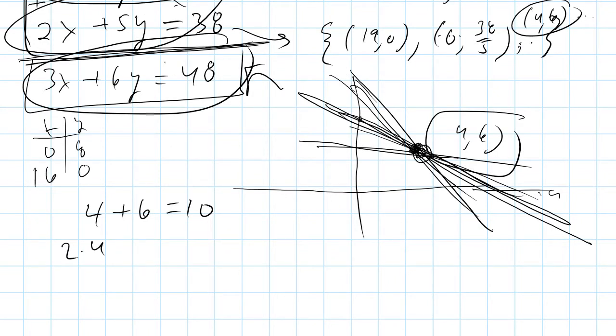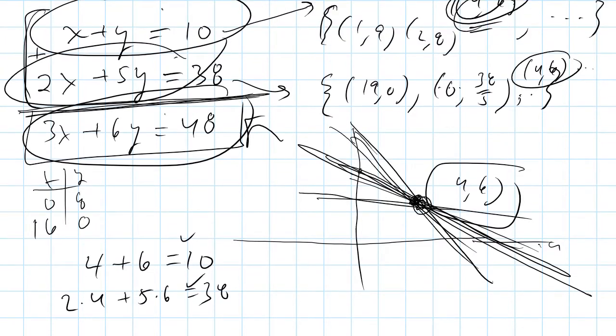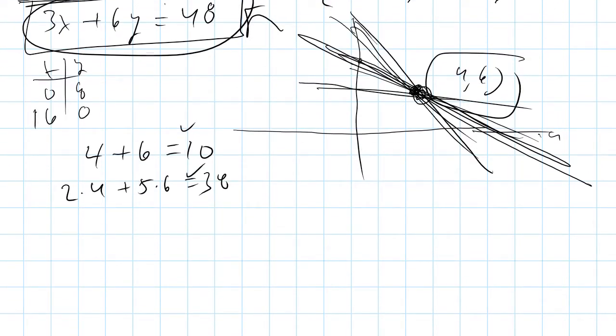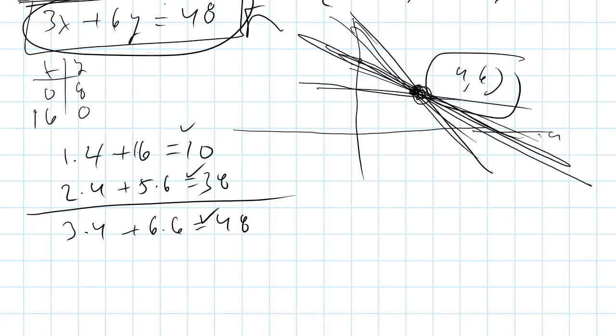And 2 times 4 plus 5 times 6 equals 38. That's true because 4, 6 is also part of the second equation. So when I add these together, it's kind of funny. It's like I'm treating the 4 and 6 like variables now. So 1 times 4 plus 2 times 4 is 3 times 4. And 1 times 6 plus 5 times 6 is 6 times 6 equals 48.